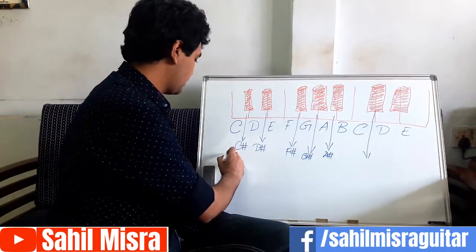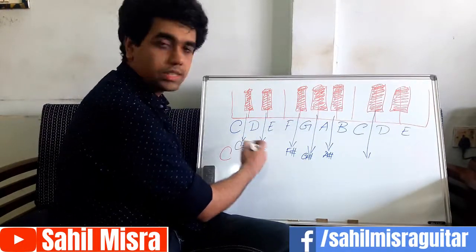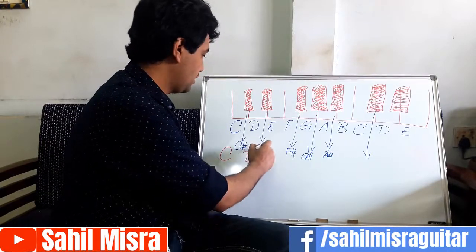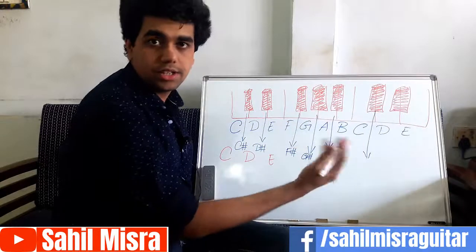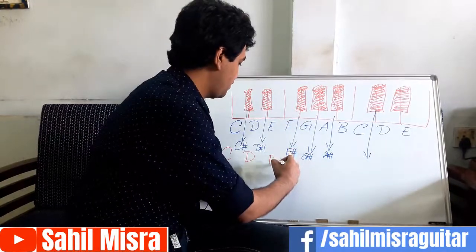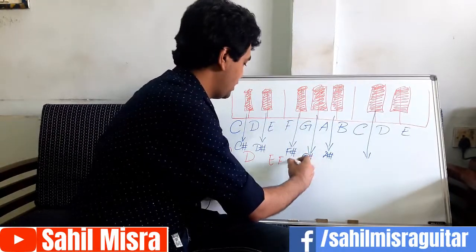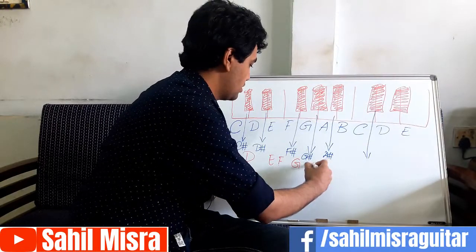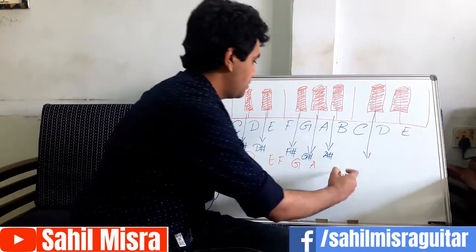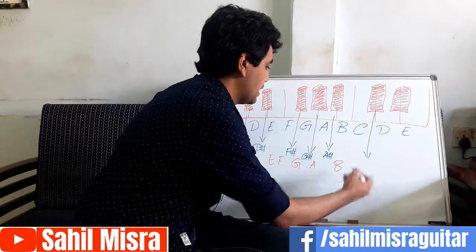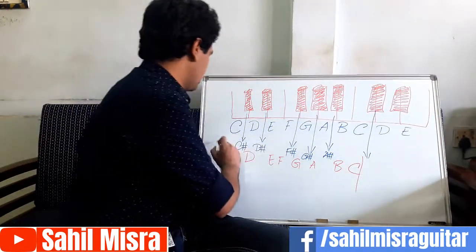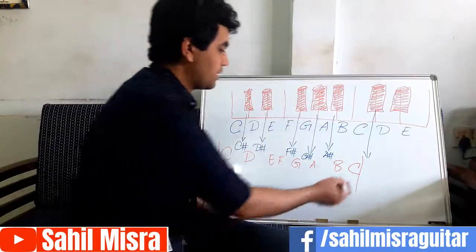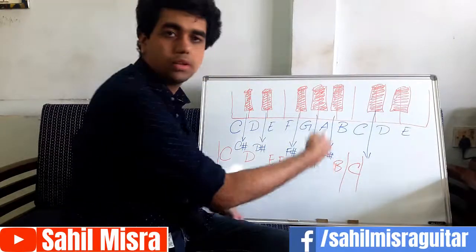We start with C, go to C sharp, D, going to D sharp, we have letter E, there's no E sharp, F, F sharp, G, G sharp, A sharp, B, and then we come back to C. And this whole thing repeats. In fact, it's just from letters C to B that the whole thing repeats.